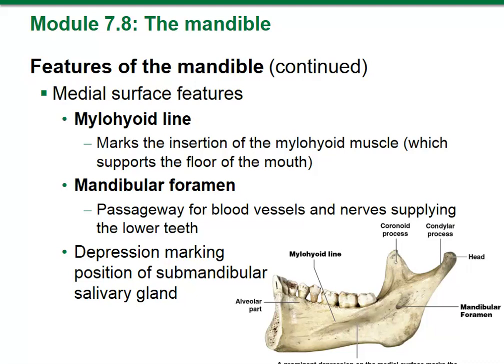This is where the mylohyoid muscle connects. Then you have the mandibular foramen. This model I've got in the class doesn't have it, but it's here. It's a passageway for blood vessels and nerves that supply the lower teeth. And then you have a depression marking where the submandibular salivary gland will be found.